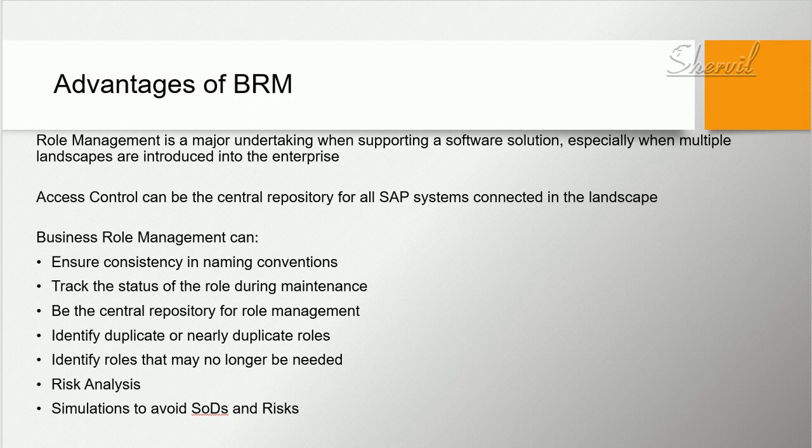So what happens in that case is, if you don't implement the BRM module, you first will have to bring all the backend roles into access control. There is a step process, a procedure to do that.